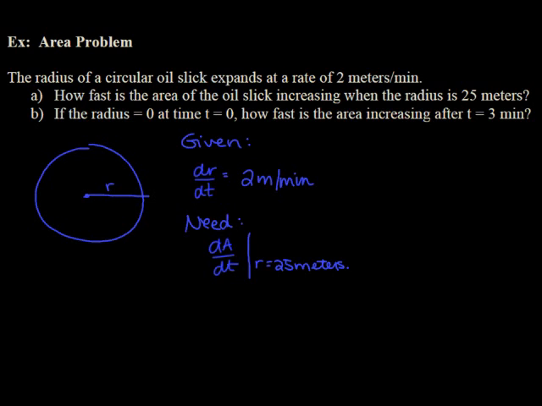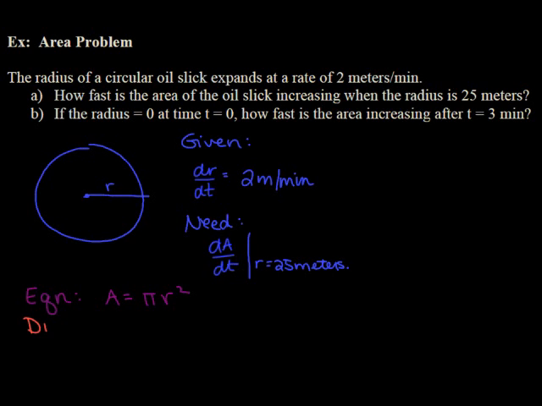Okay, so now we need to come up with an equation that relates our variables. So the equation here, we're just dealing with area of a circle and we have the radius, so our equation is just going to be the area of a circle. So area equals pi r squared. And then after you have your equation that relates all your variables, the next thing we have to do is differentiate with respect to time.